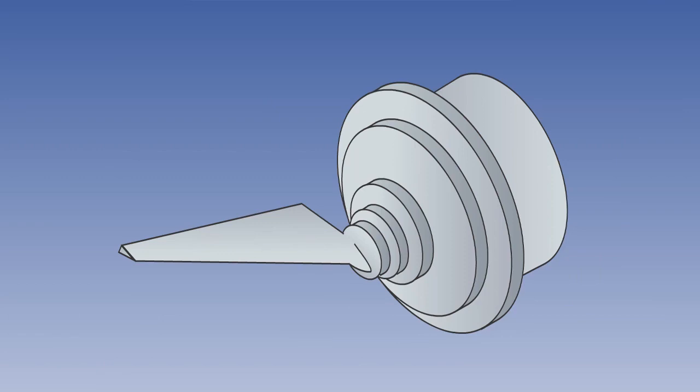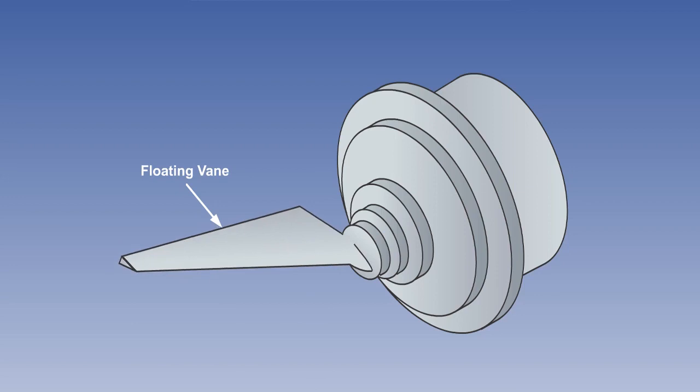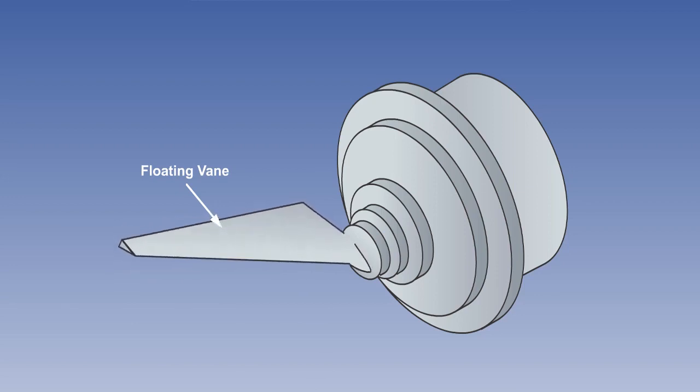The second type of angle of attack sensor we will look at is the vane or floating vane sensor. This is a common type, and it is used on a large variety of aircraft. The floating vane sensor consists of an aerodynamic floating vane which pivots to position internal synchro transmitters.